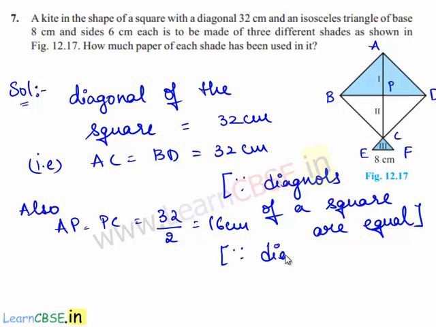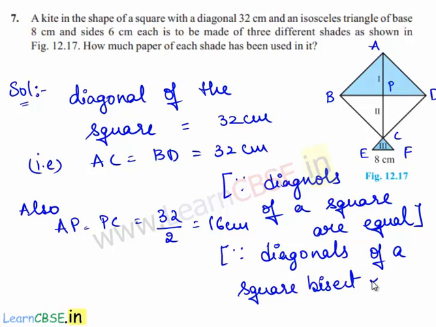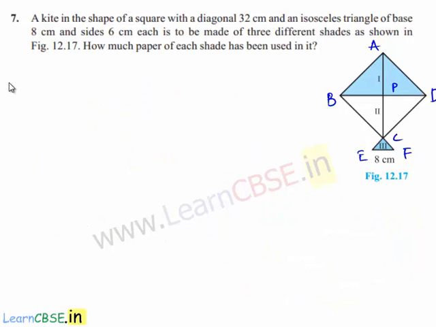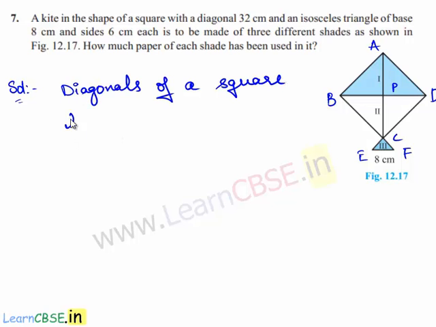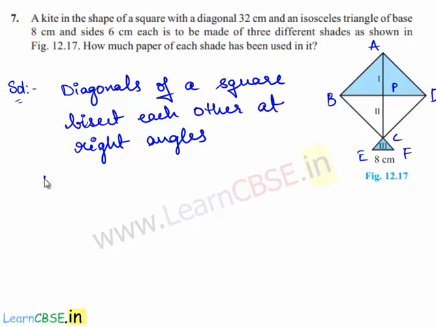Since diagonals of a square bisect each other, and we also know that diagonals of a square bisect each other at right angles. Therefore, angle APD is equal to 90 degrees, which is also equal to angle CPB.